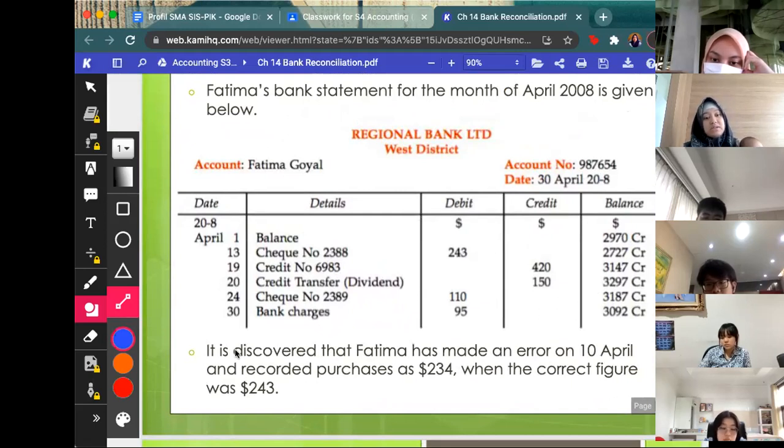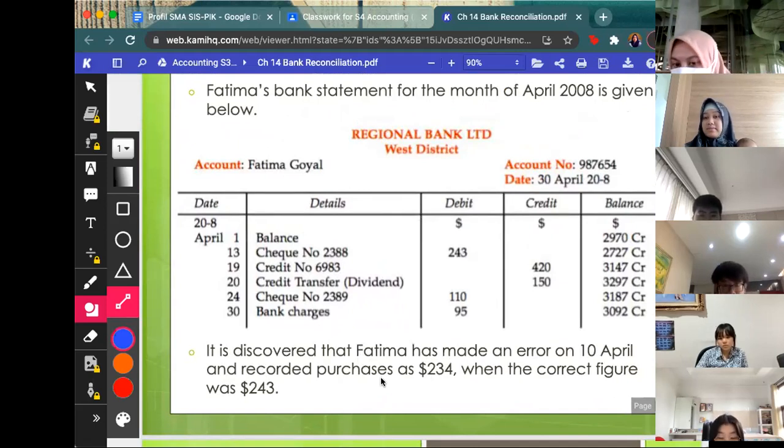Tax information: it is discovered that Fatima has made an error on 10th of April and recorded purchases as 234 when the correct figure is 243. Now let's see, who made the mistake, cash book or bank? In the bank statement, there is a payment of check 243. 243 exists.